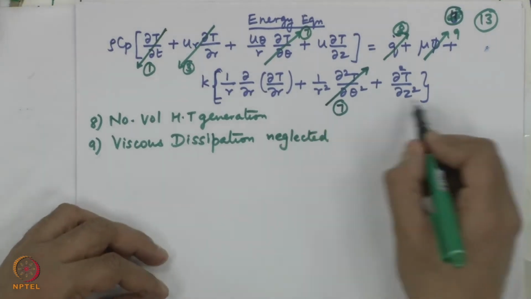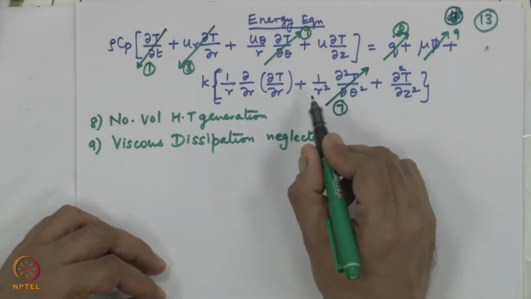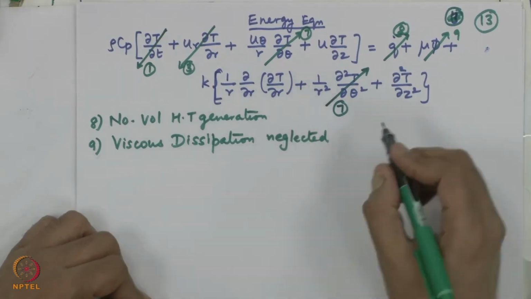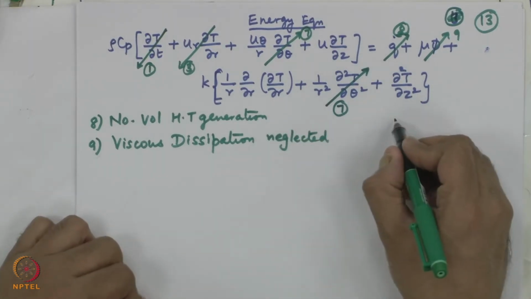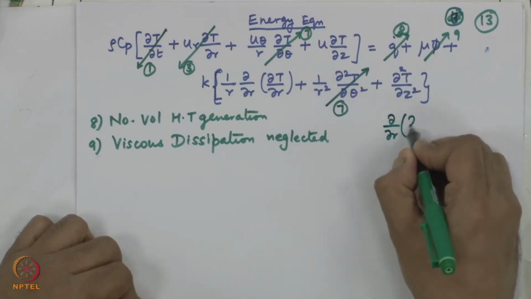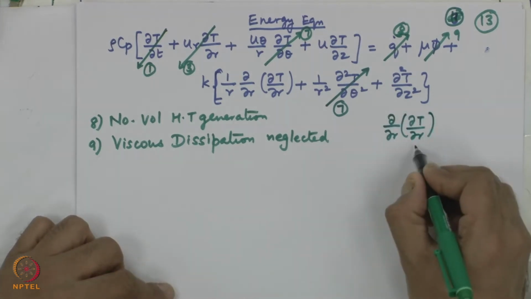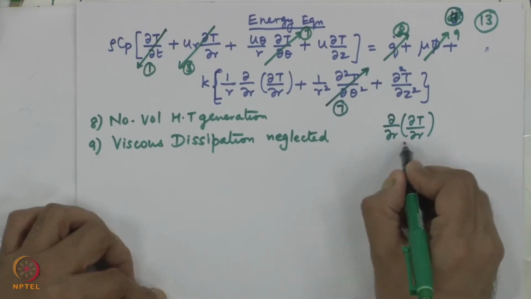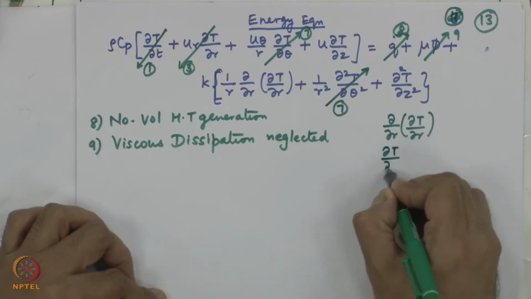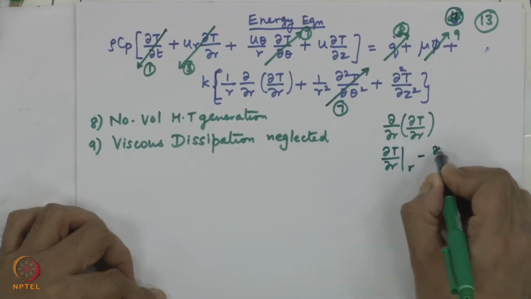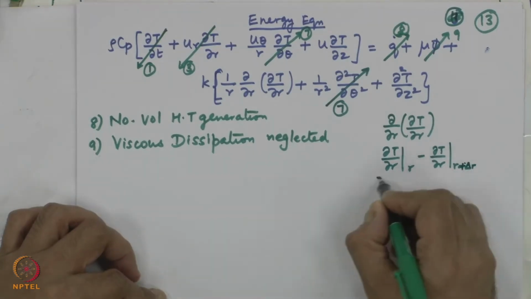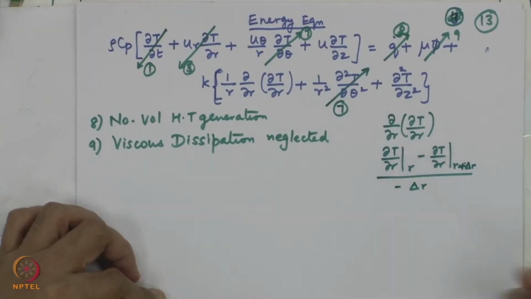Now, to understand the relative importance of the gradient of the temperature, d by dr of dt by dr. dt by dr is the gradient of the temperature in the radial direction. This is the gradient of the gradient. So, dt by dr at r minus dt by dr at r plus delta r divided by delta r, or whatever.